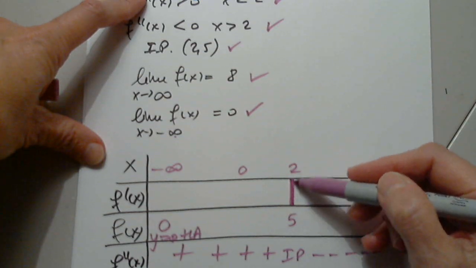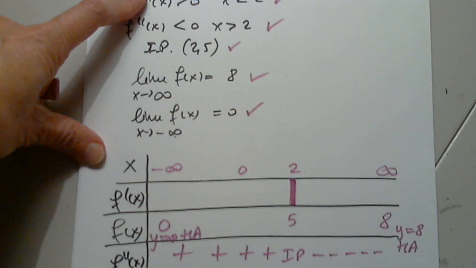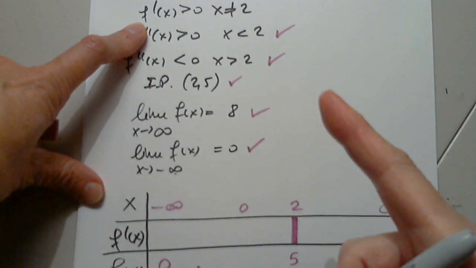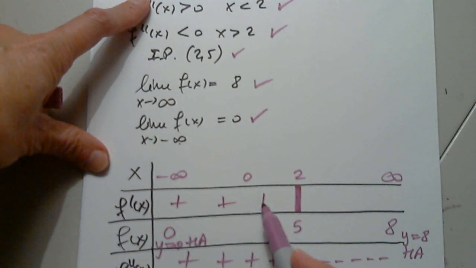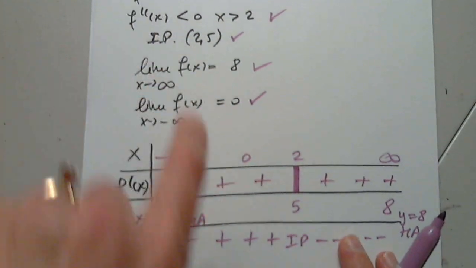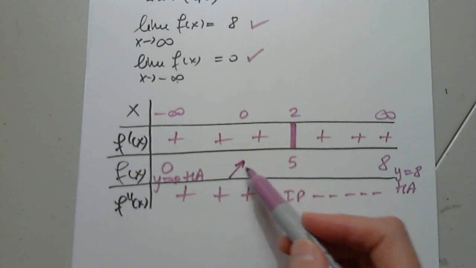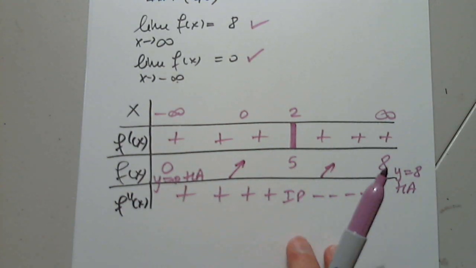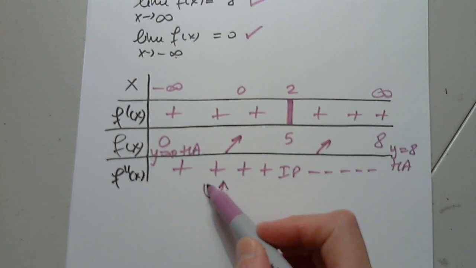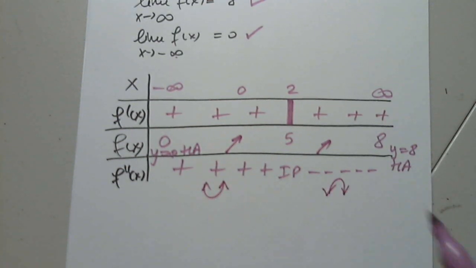Okay. So all is positive. So the function is always increasing from 0 to 5 to 8, opening up and opening down. And that's it.